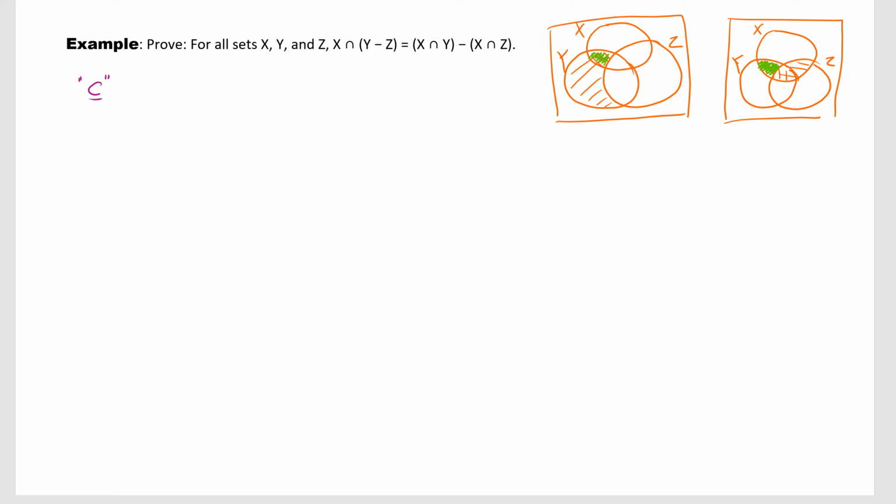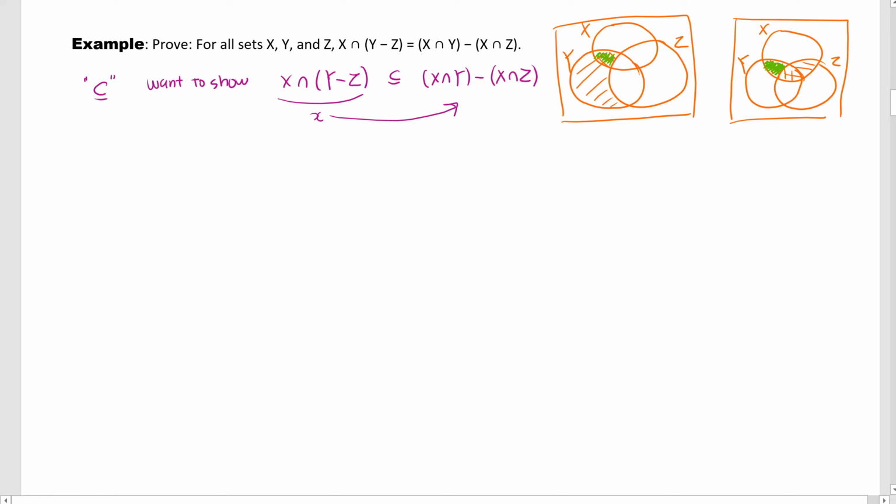Let's start with this direction, which means we want to show x intersect (y minus z) is a subset of (x intersect y) minus (x intersect z). How do you show it? You start with an x within this set, and you want to show that x also belongs here. Okay, so let's start.